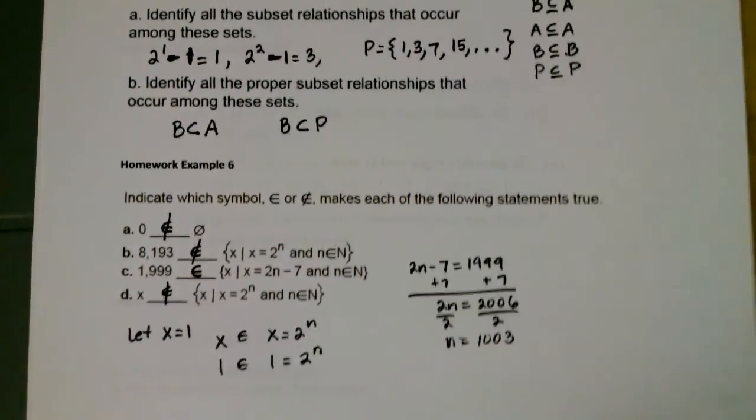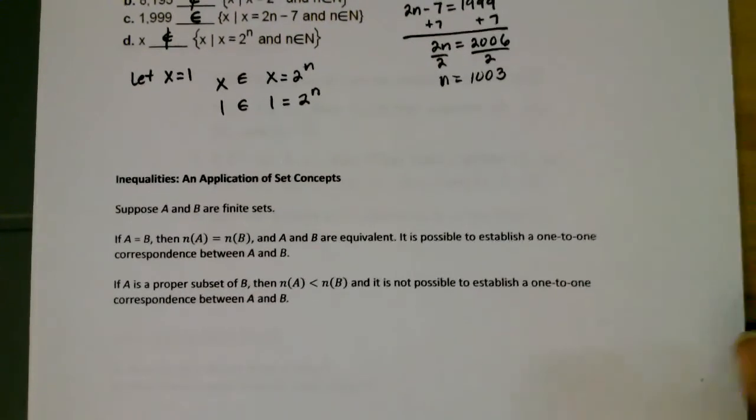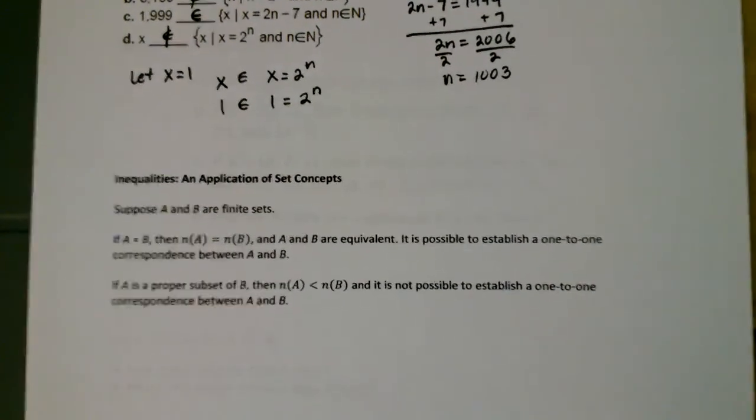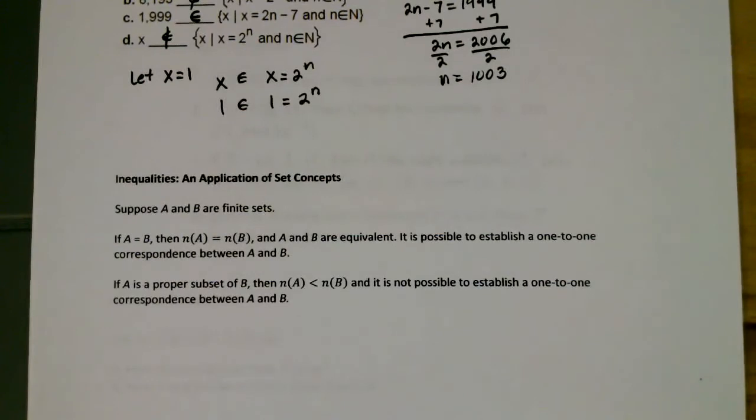All right, now let's look at inequalities. That's an application of set concepts here. Let's say A and B are finite sets. So if A is equal to B, then the number of elements in A is equal to the number of elements in B. And A and B are equivalent.